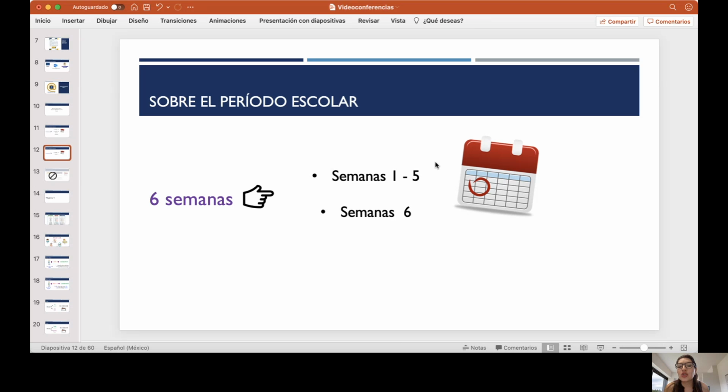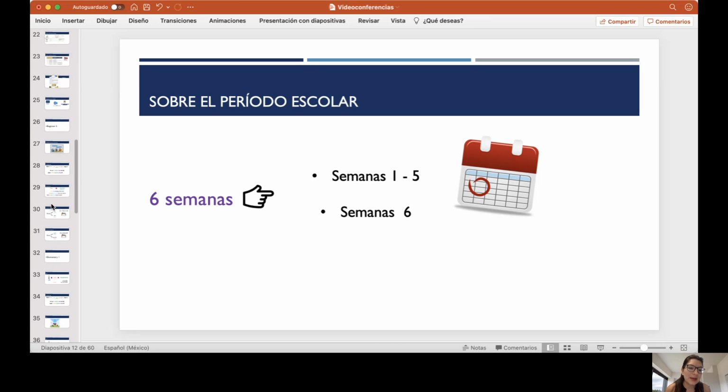We're going to have until July the 4th for sending all the activities that you have during these weeks. But on week 6, we have to do our final project and to take our final exam. So please check your activities, check dates, and do everything on time, please.